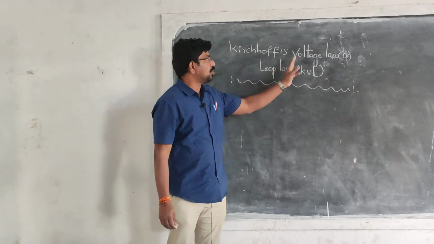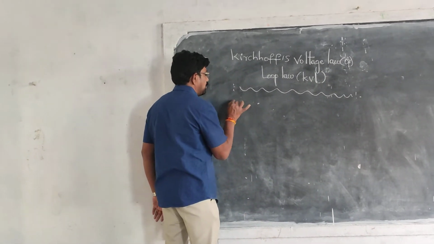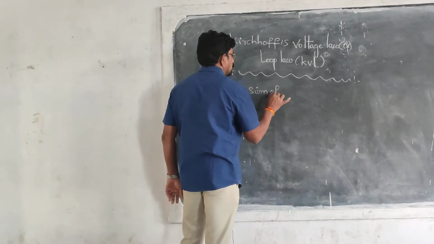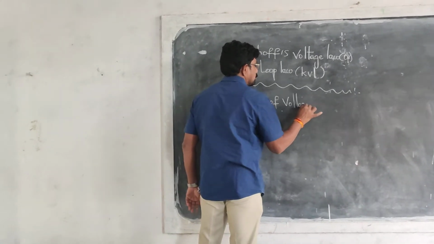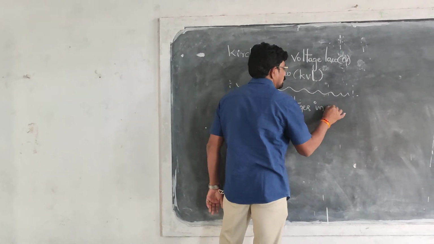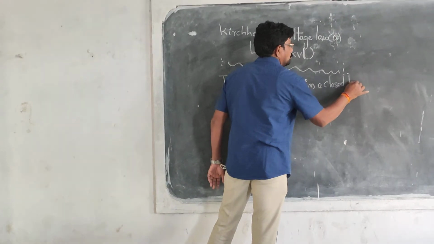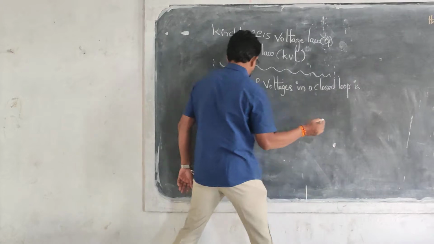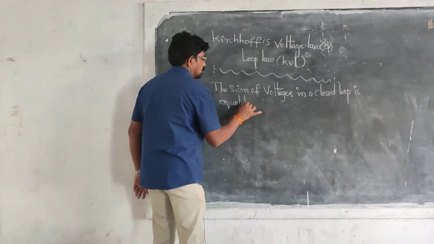But Kirchhoff's voltage law or loop law says that the sum of voltages in a closed loop is equal to 0.